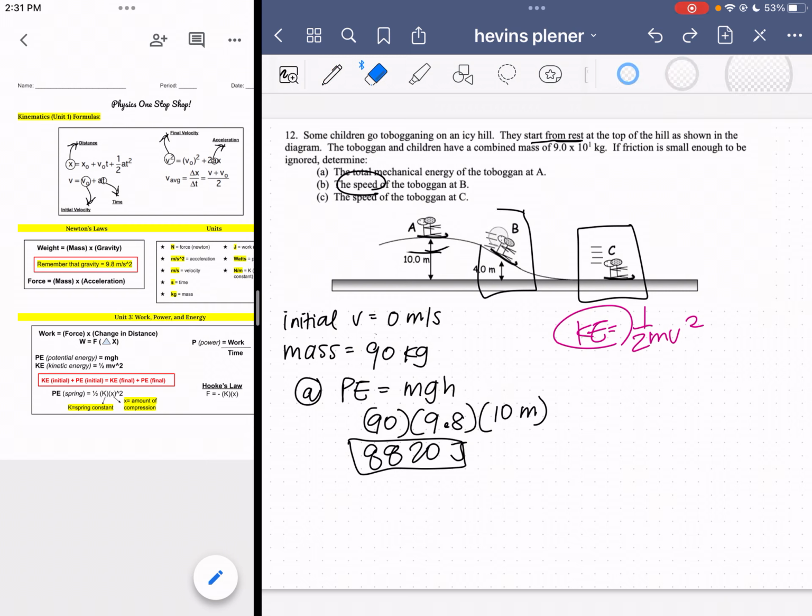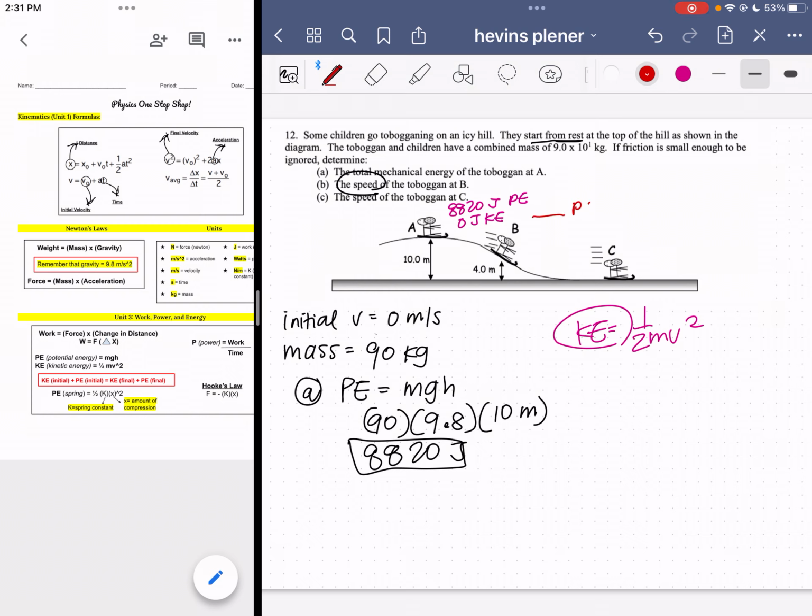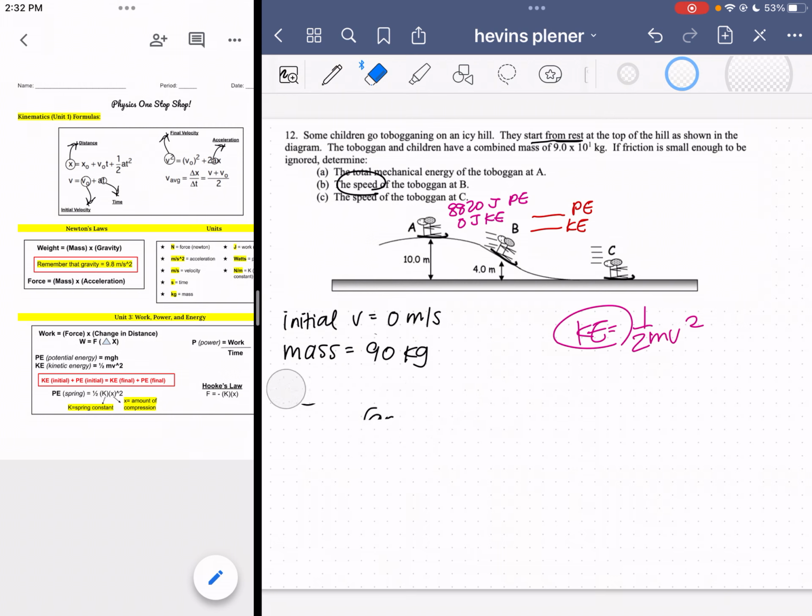So think about what it means to have 8,820 joules of potential energy and 0 joules of kinetic energy here for A. Then for B, we need to find how much potential energy and how much kinetic energy. So let's find potential energy of B. And label everything because it makes it so much easier later.